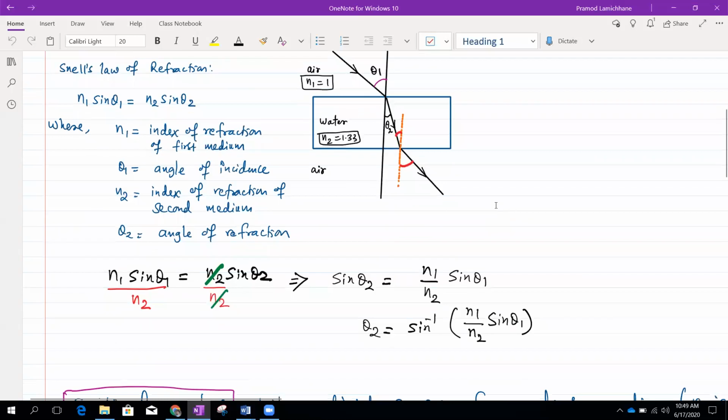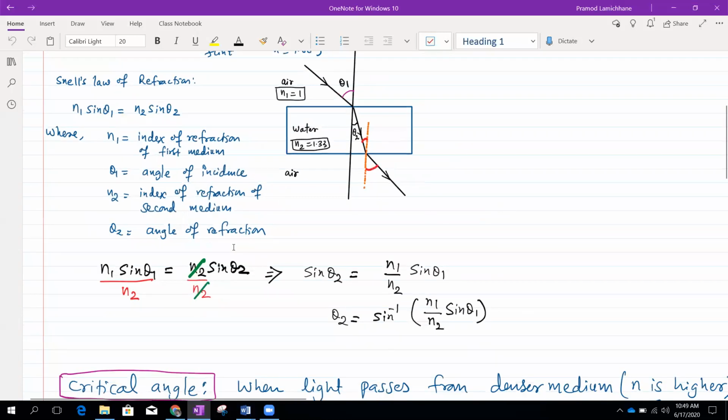If you are looking for the angle of refraction, which is theta 2, you want to solve for theta 2, so you need to divide by n2 on both sides, and then sine theta 2 would be n1 over n2 times sine theta 1. Solving for theta 2, it's going to be sine inverse of n1 over n2 times sine theta 1.